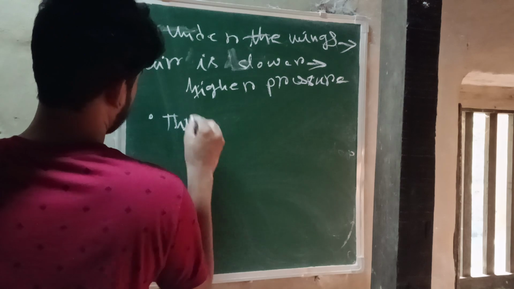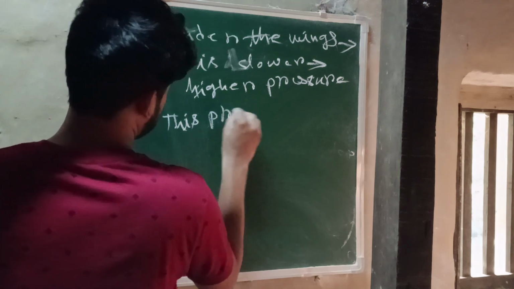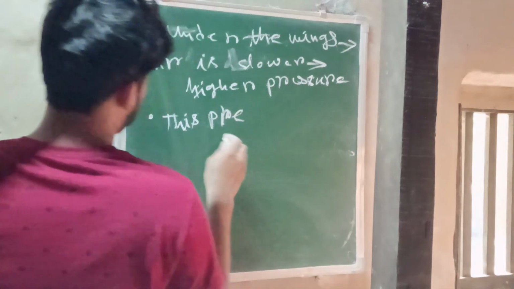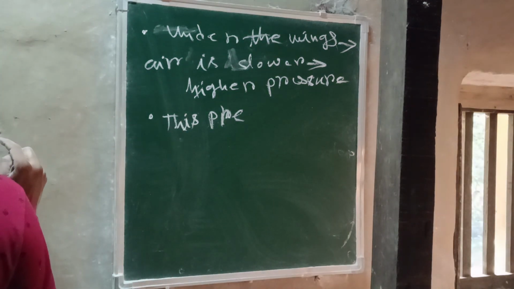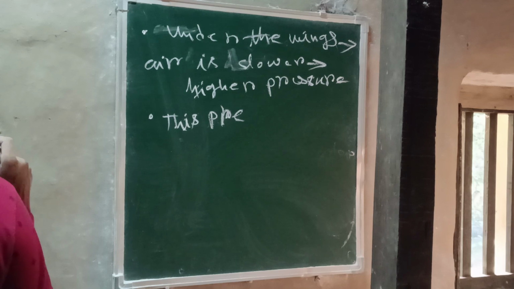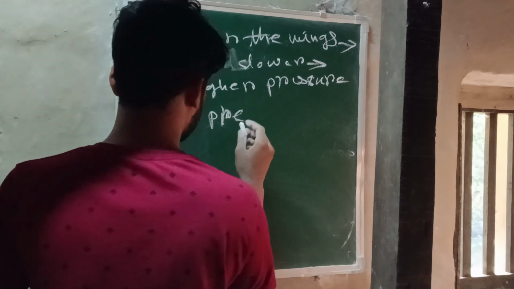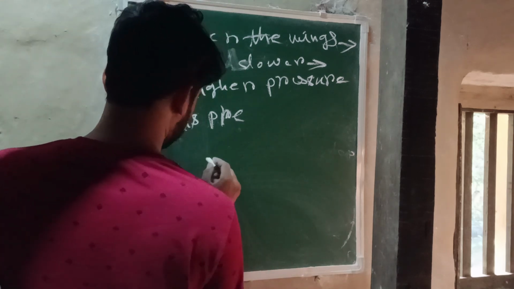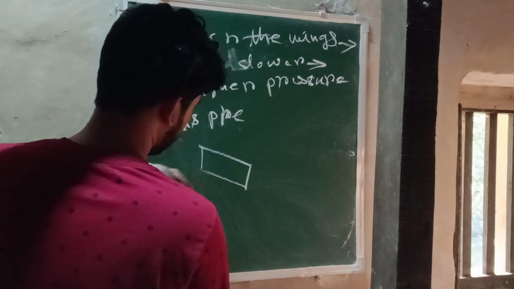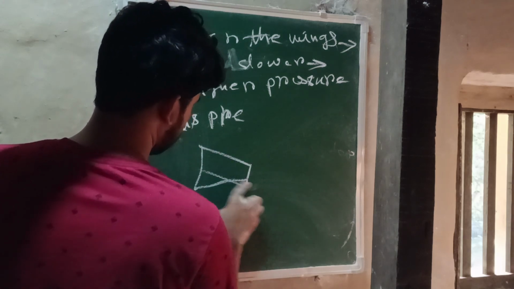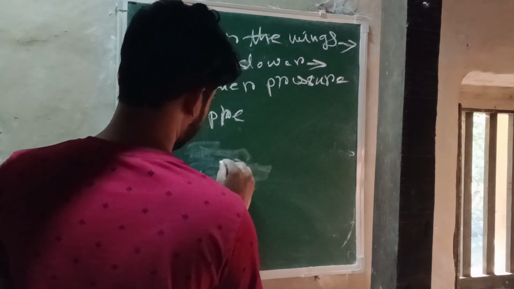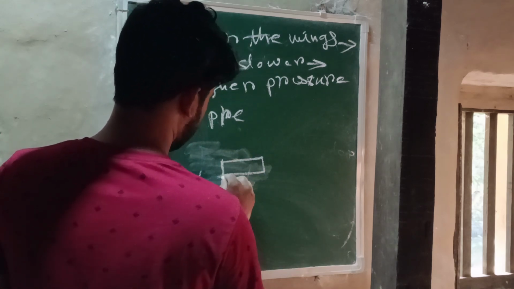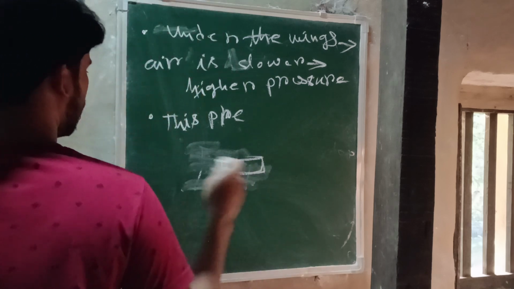And this is the pressure difference between the under the wings and the upper surface of the wings. Suppose this is a wing. This is not a good picture.